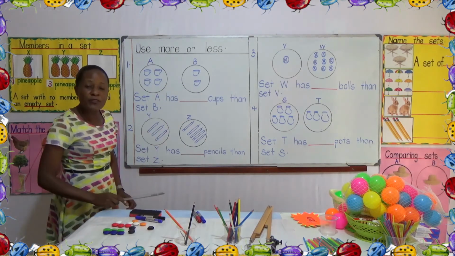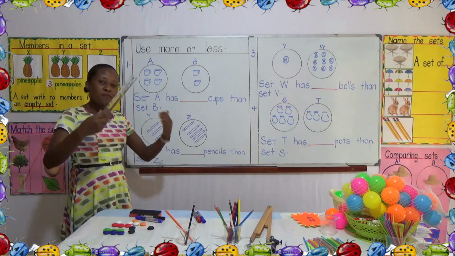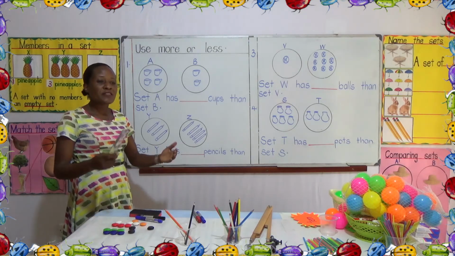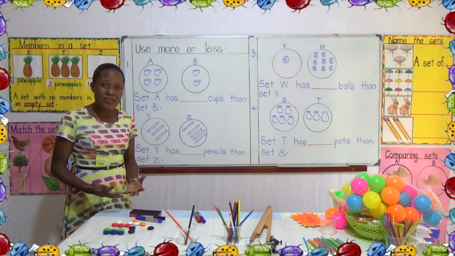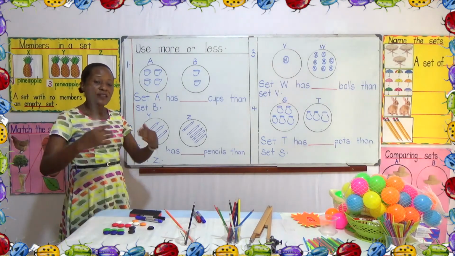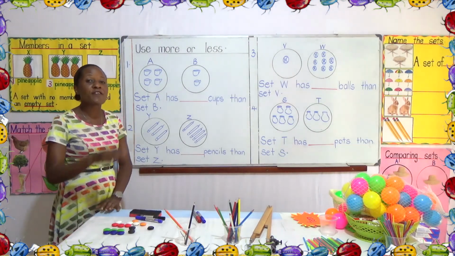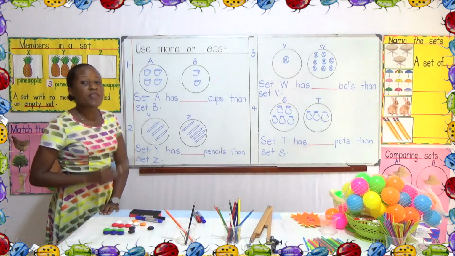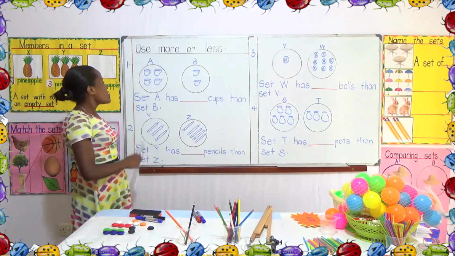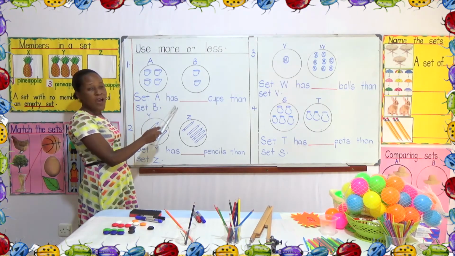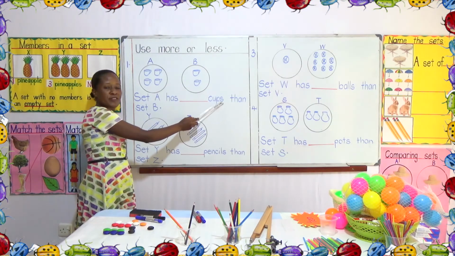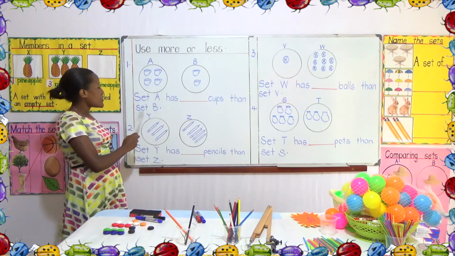You remember we said more is used for that set that has many, and that set having many is having more objects than the other. So here the sentence says, set A has dash cups than set B.